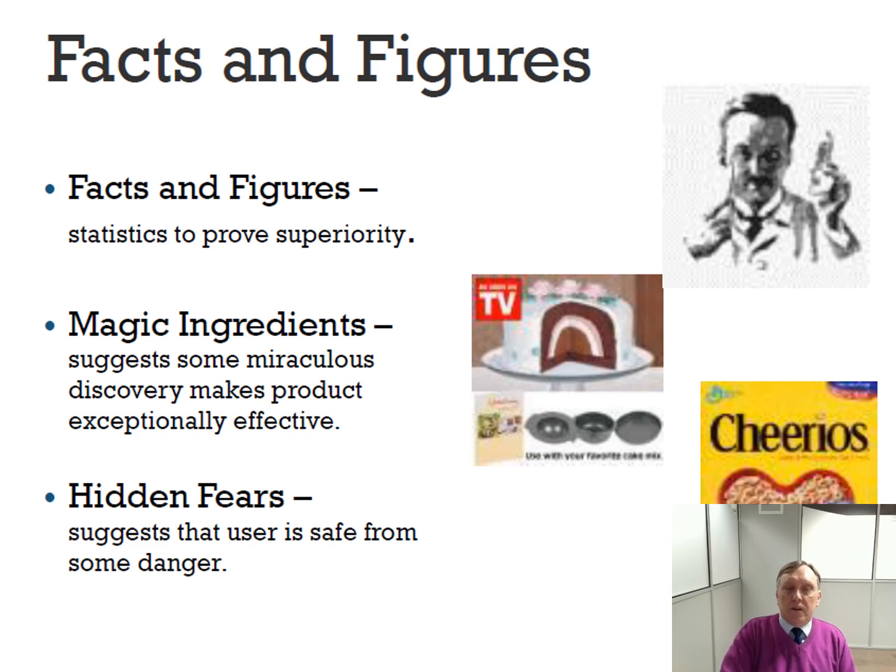Now, sometimes they may mention particular ingredients, like those we mentioned, that have certain effects, in the case of it has vitamin C or otherwise. In the case of the Danone yogurt, it has a particular type of acid in there that will help dissolve the blockages in your bloodstream. And then other things about hidden fears. So it suggests that the user is safe from some danger.